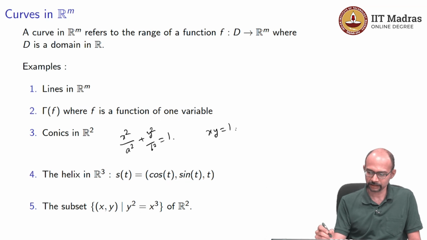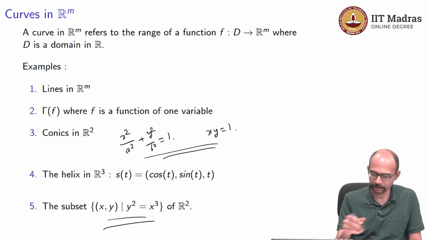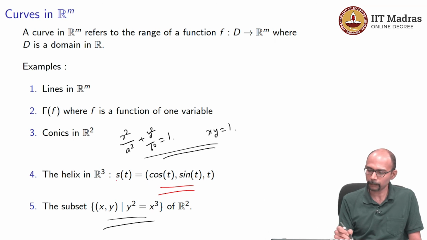So, these are examples of conics, and I want to make a point here, namely that there is a slight difference in the representation that we have here as opposed to the representation we have here. This is called a parametric representation, s of t is equal to cosine t, sin t, t, because we are describing the curve in terms of a parameter t, whereas these two are as sets. So, we are giving the defining equations.